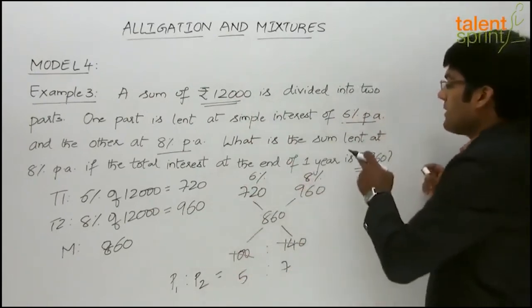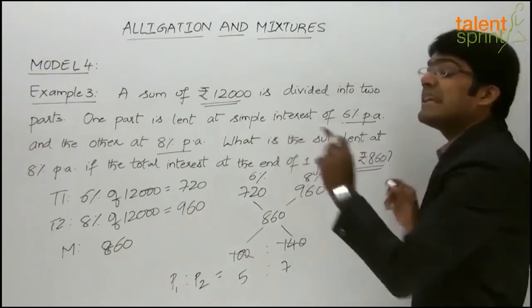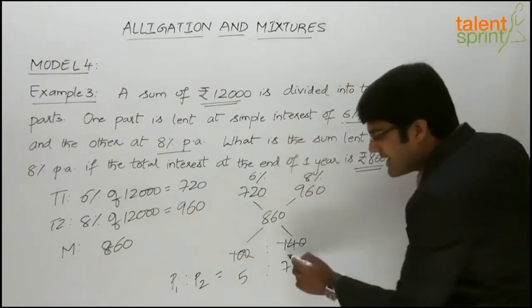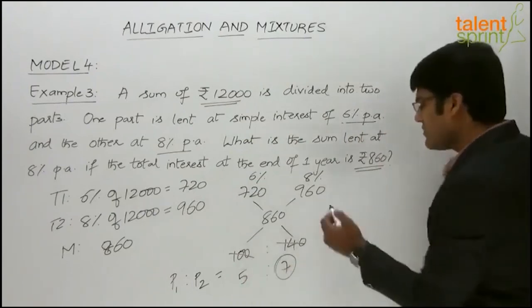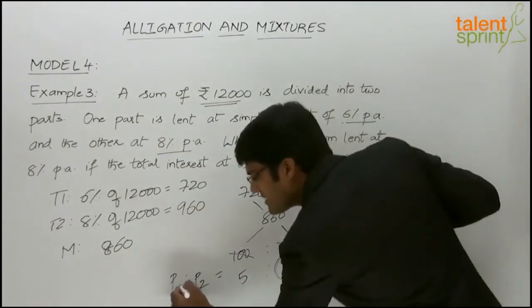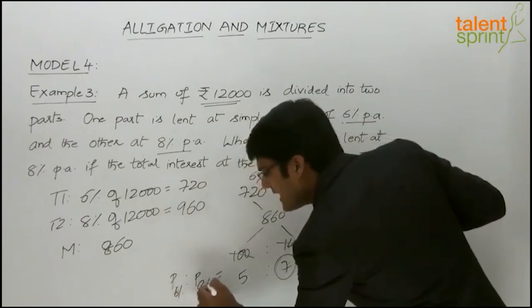Right? Now the question here says, what is the sum lent at 8% per annum? So how much has been lent at 8% per annum? 7 parts out of total 12 parts. So we can say, see, this is actually principal at 6% per annum and principal at 8% per annum.